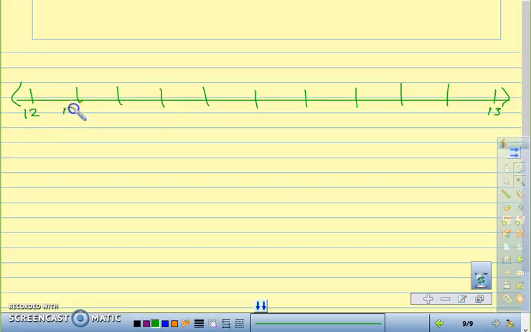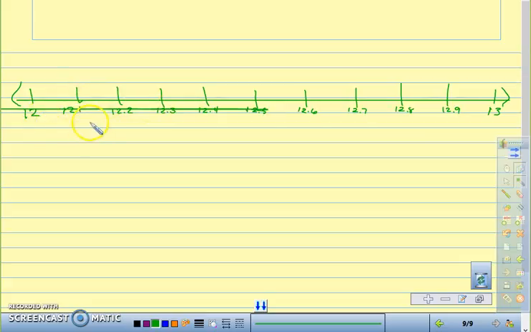And I'm just going to go 12 and 1 tenth, 12 and 2 tenths, 12 and 3 tenths, 12 and 4 tenths, 12 and 5 tenths, 12 and 6 tenths, 12 and 7 tenths, 12 and 8 tenths, 12 and 9 tenths.